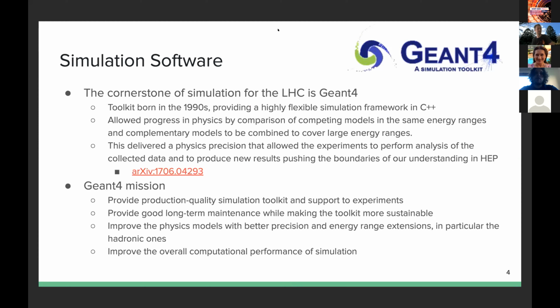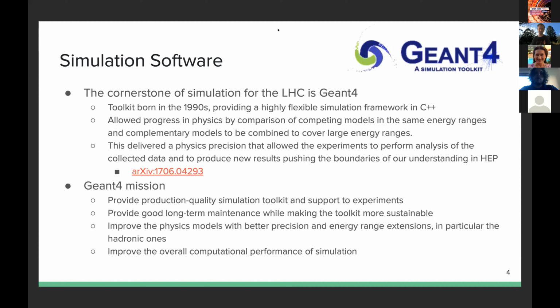And that delivered a physics precision and an understanding of the simulated data that allowed a very rapid physics output from the LHC experiments. And we know that the corpus of papers that the LHC experiments have produced has really pushed the boundaries of our understanding inside of high energy physics.